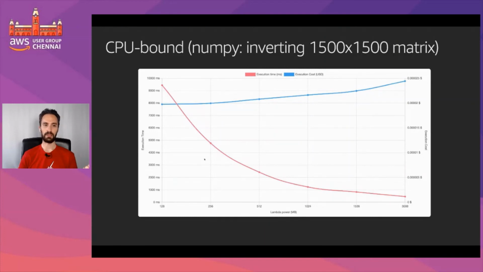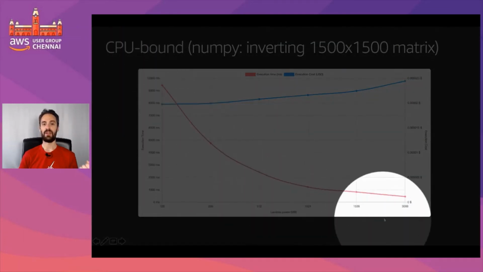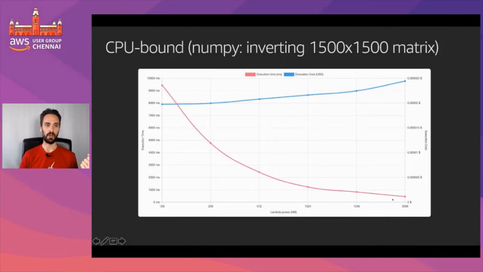What's happening here is that as I give it more power, the cost is going down very quickly. I go down from 9.5 seconds to less than 500 milliseconds. That's a huge, crazy gain. If this was a machine learning model behind an HTTP API, you are improving the user experience like 10x.